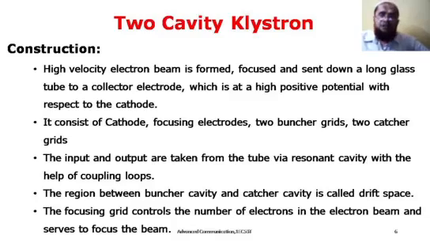If you see the construction, a high velocity electron beam is formed, focused, and sent down a long glass tube to the collector electrode, which is at high positive potential with respect to the cathode.